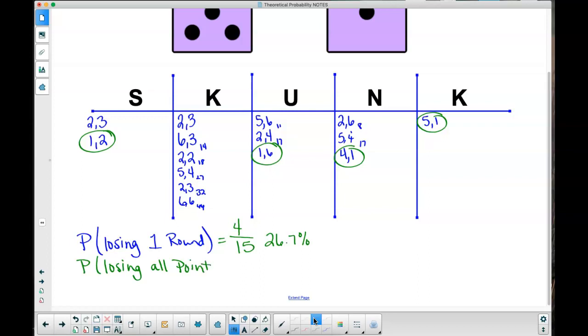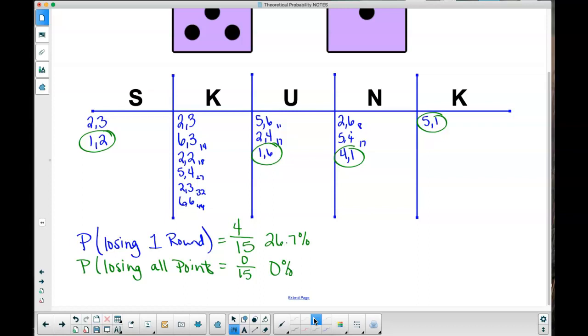Did that ever happen? No. So 0 out of 15 is 0%. The probability of getting more than 10 points. How many times did that happen? Based on what happened overall. Ready?